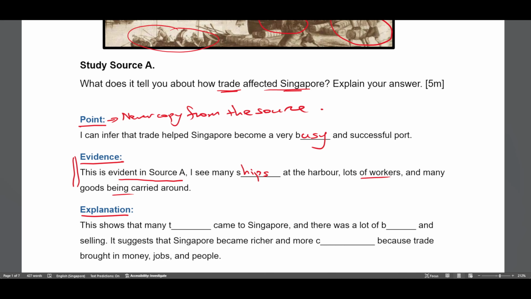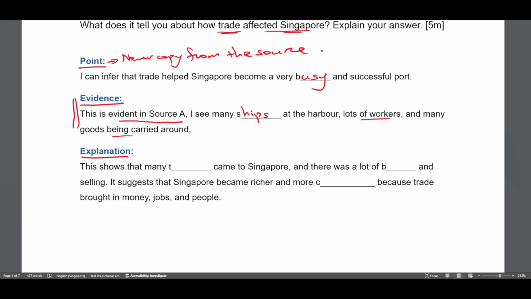All right, so once you're done with the evidence, then you must explain the evidence to show how it supports your inference. So for example, you said that there were many ships at the harbor, right? So this shows that you can say maybe many traders came to Singapore, and there was a lot of buying and selling.